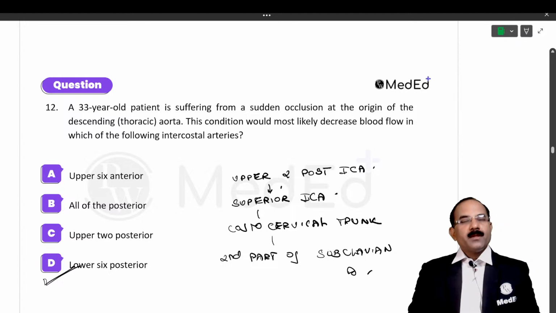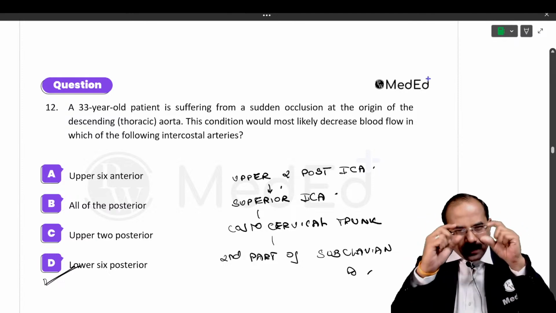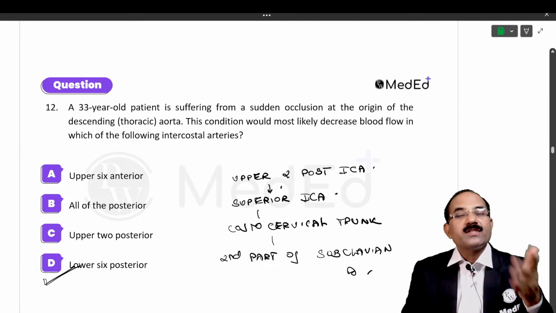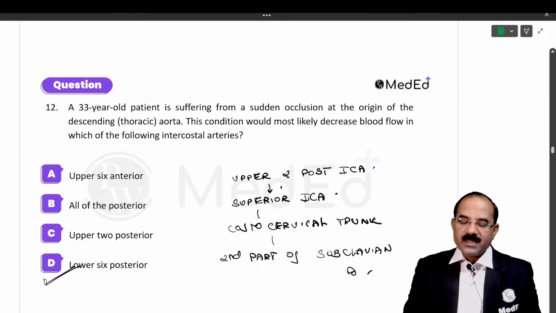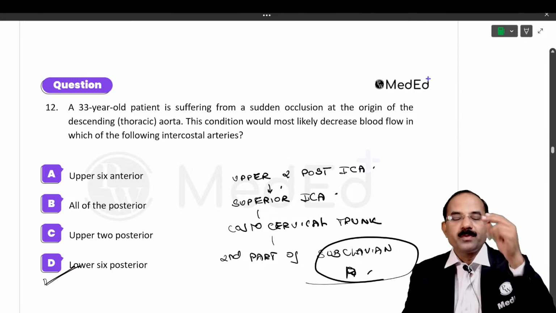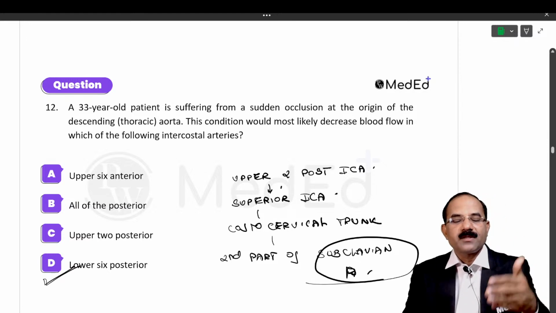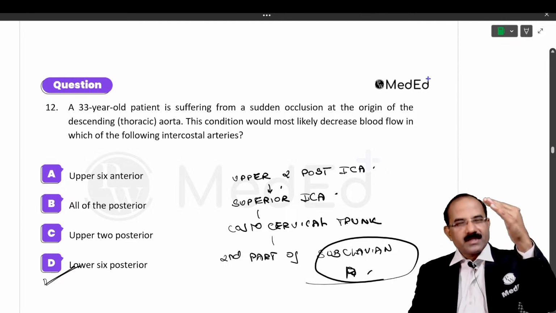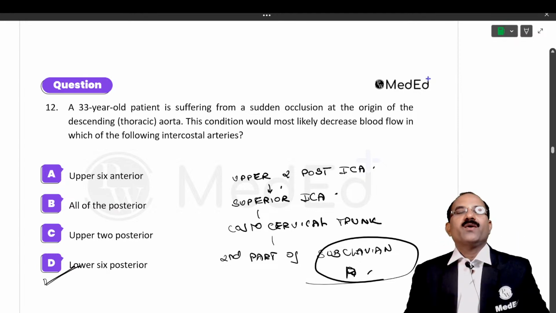So the upper two posterior intercostal spaces are supplied by the subclavian artery. The descending thoracic aorta supplies the lower intercostal spaces.